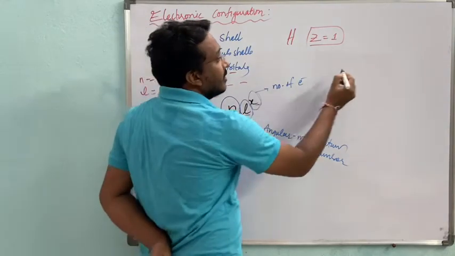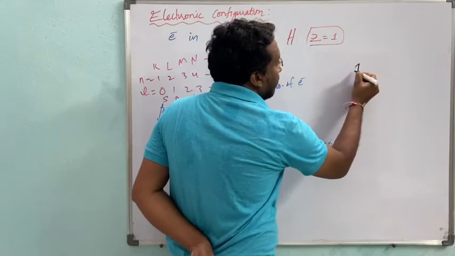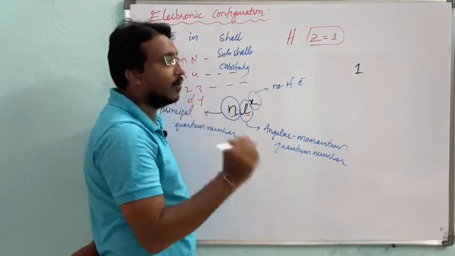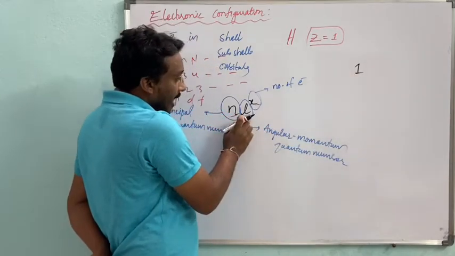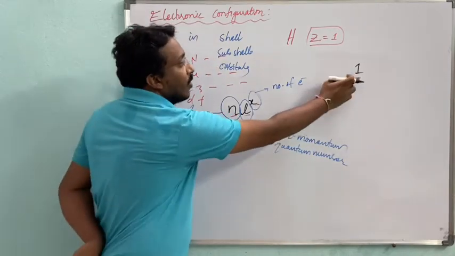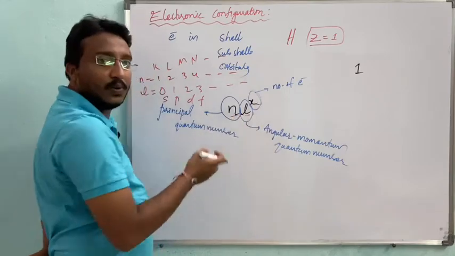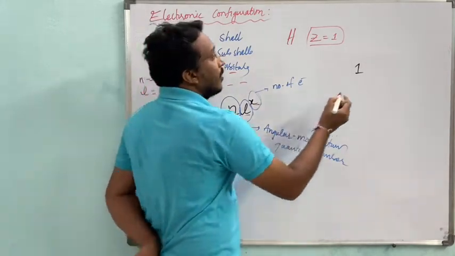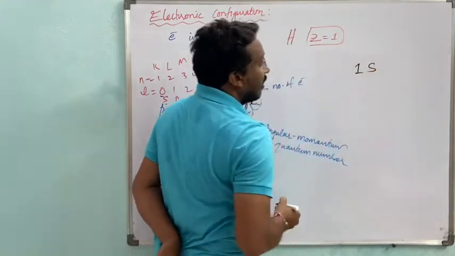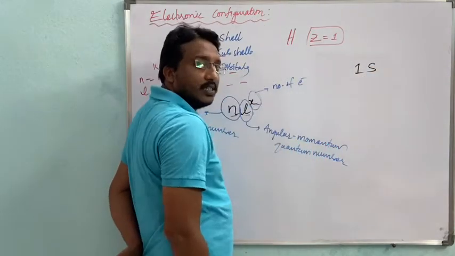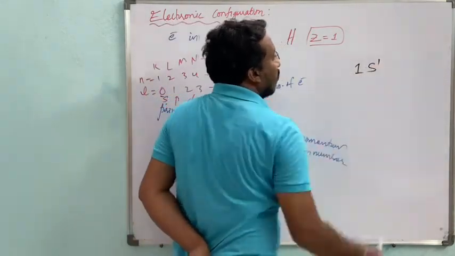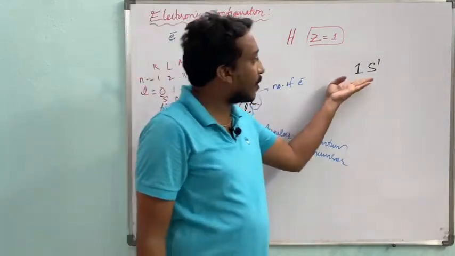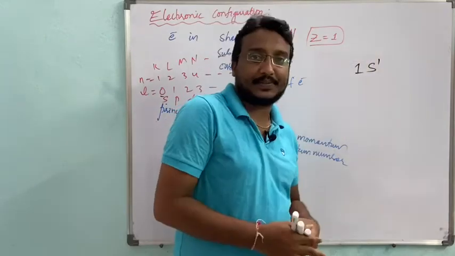The first shell's principal quantum number is 1, right? And if n equals 1, l equals 0, and 0 means s orbital. Number of electrons is 1. Got it? This we pronounce as 1s1.